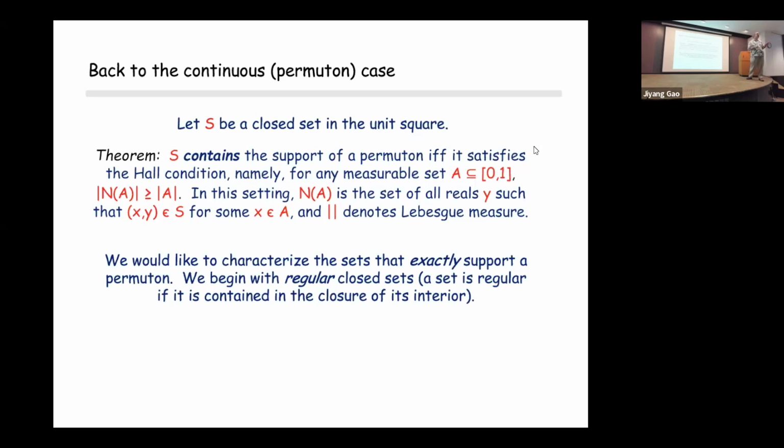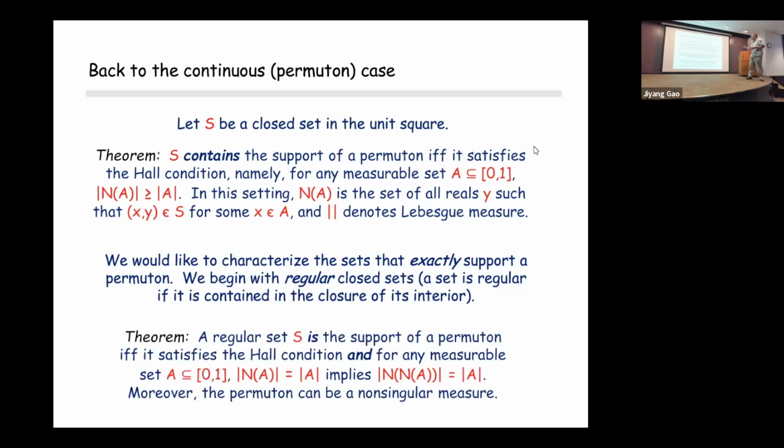To start with, we look at regular sets. A regular closed set is just a set which is the closure of its interior. Most of the sets that you draw, if they have an interior, would have this property. And many of the permutons we're interested in have it.